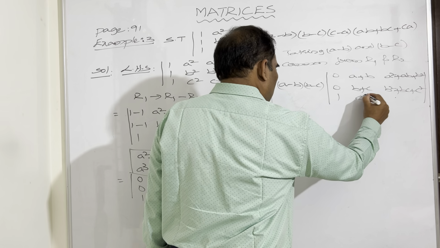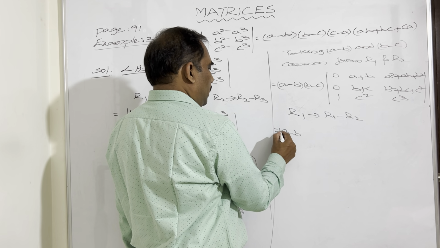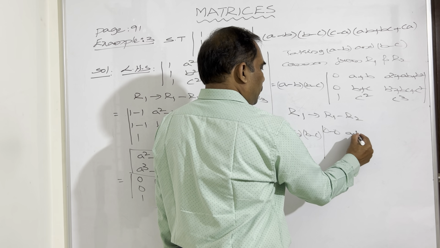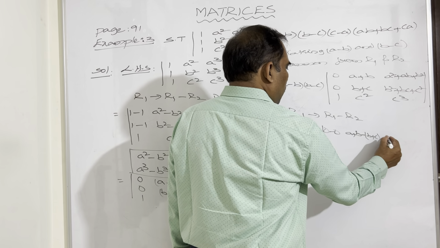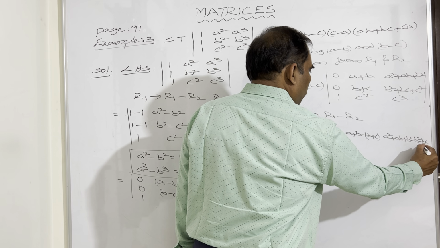Now again I am applying the row operation, R1 to R1 minus R2. So this is equal to a minus b into b minus c, written as it is. Here R1 is replaced by R1 minus R2, that means 0 minus 0, and here a plus b minus (b plus c), and here a square plus ab plus b square minus b square, minus bc and minus c square.